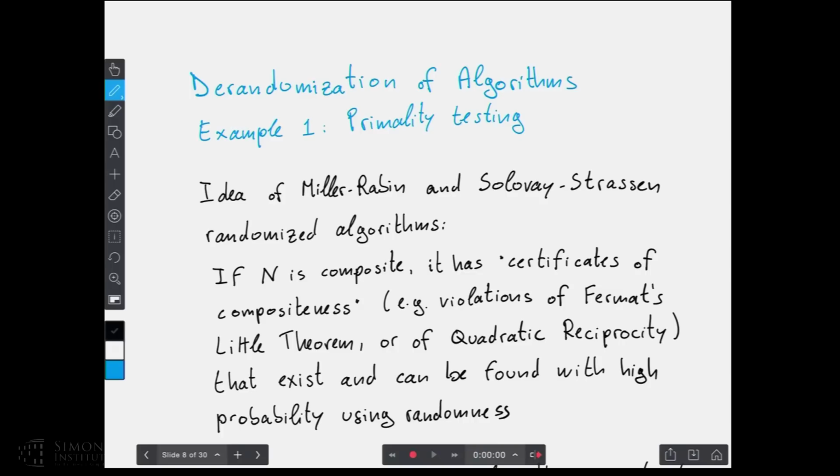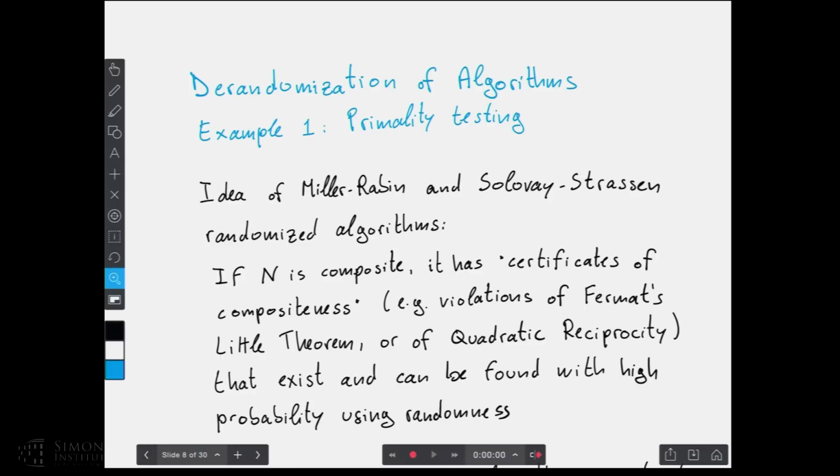So one approach to getting a deterministic algorithm for this problem would be to find a way to construct certificates of compositeness deterministically. So you see now, conceptually, it's not so different from saying we want to make the probabilistic method constructive.